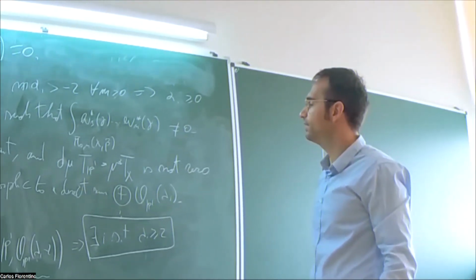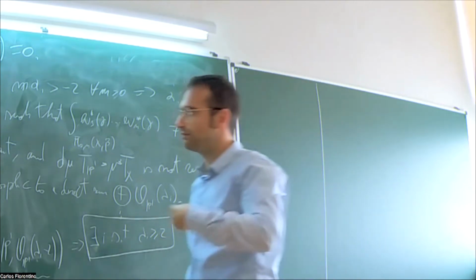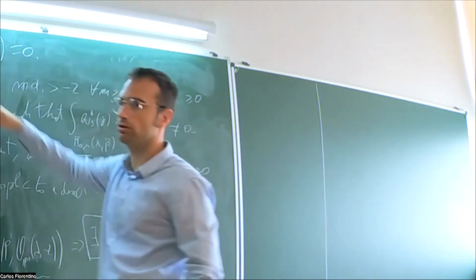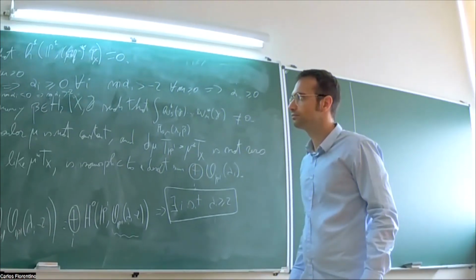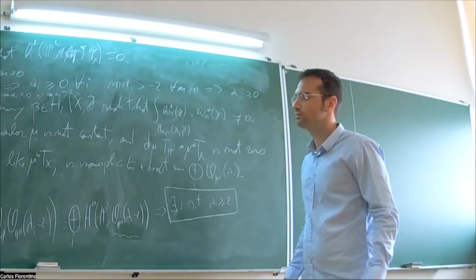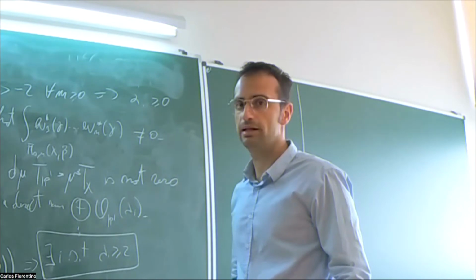Because if alpha is negative, I can multiply by a big n in such a way that this is not true anymore. It's clear or not?